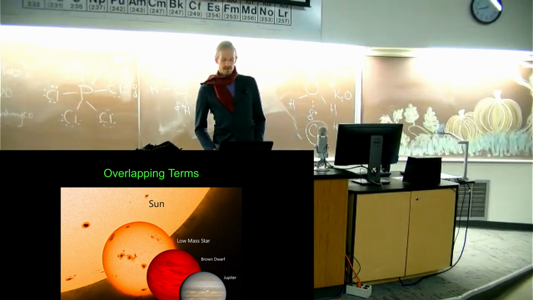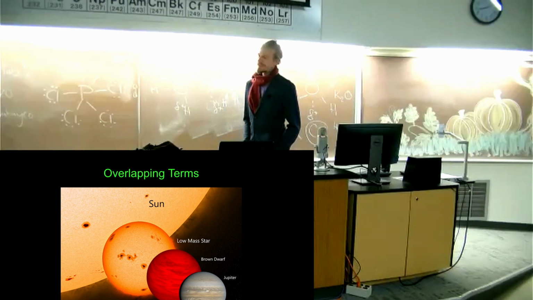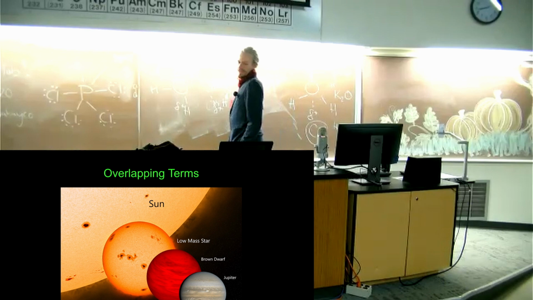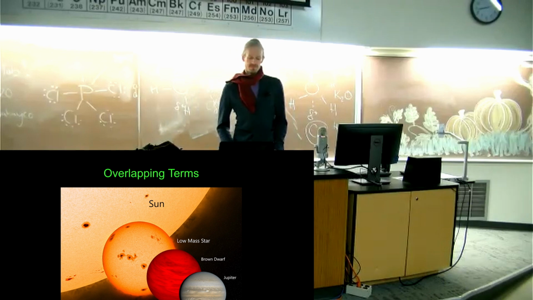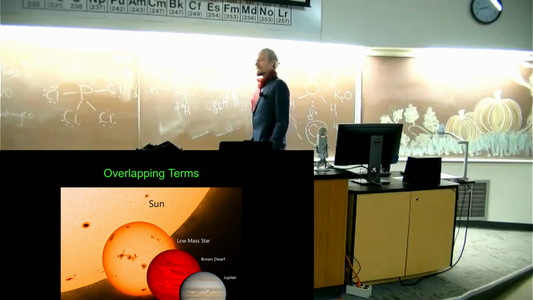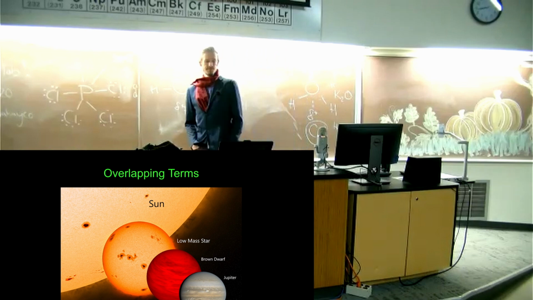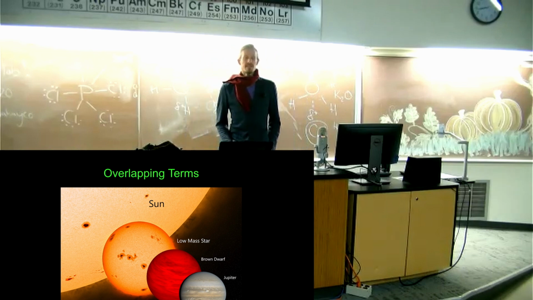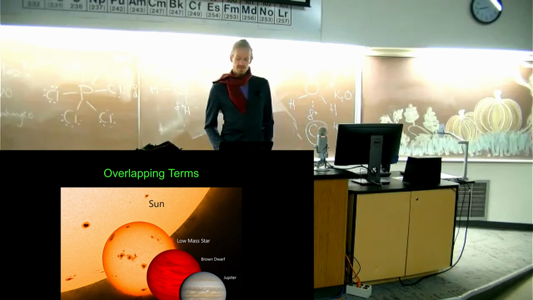So a gas giant is any giant planet that is mainly composed of hydrogen and helium. And in our case, this is Jupiter and Saturn. The ice giants, on the other hand, are primarily composed of things heavier than hydrogen and helium.